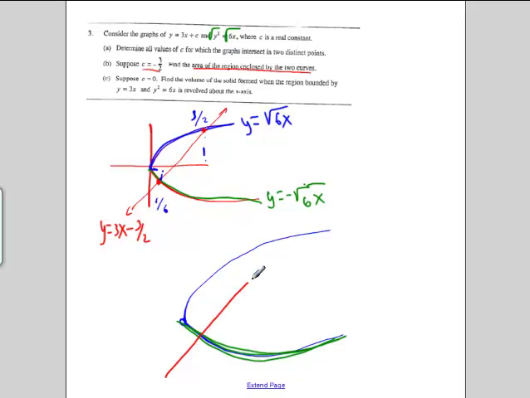So in these first strips, the height is going to be root 6x minus negative root 6x, versus my later strip, where the height of that strip is root 6x minus 3x minus 3 halves.